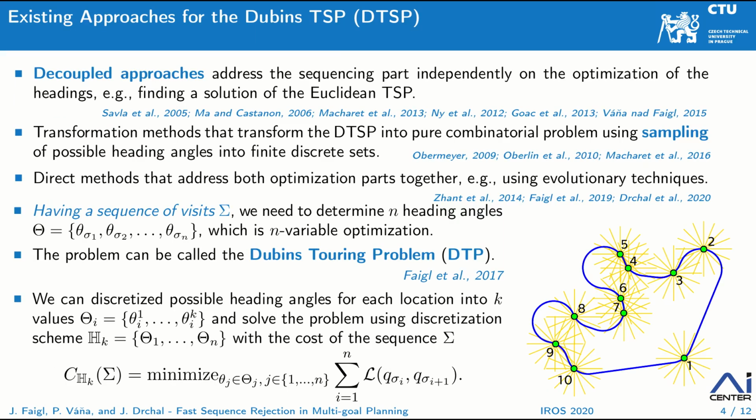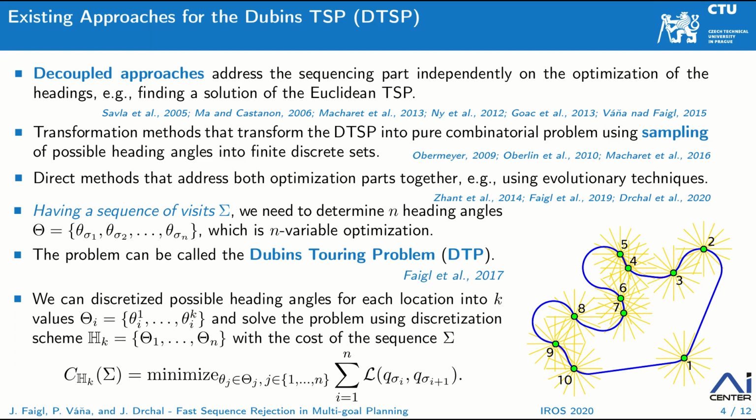We can find several approaches to the DTSP in the literature. There are decoupled approaches that address the sequencing part independently of the optimization of the headings. For example, we can use the Euclidean TSP for finding the sequence. Then, for such a sequence, we can determine the headings using a heuristic alternating algorithm or other more sophisticated optimization methods. The transformational methods transform the DTSP into a pure combinatorial problem using sampling of possible headings into finite discrete sets.